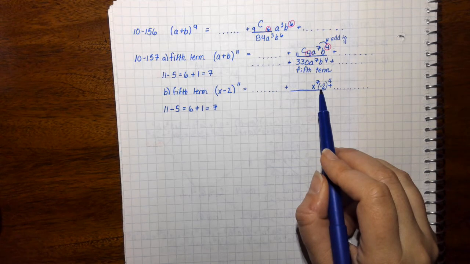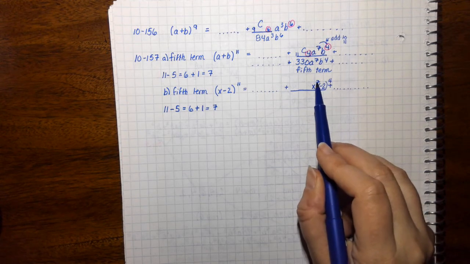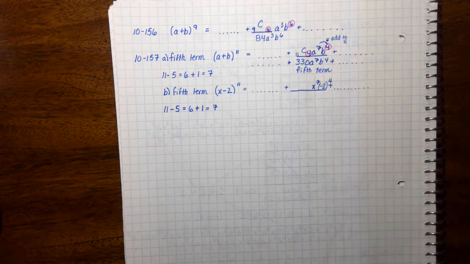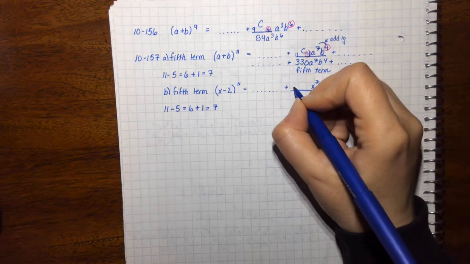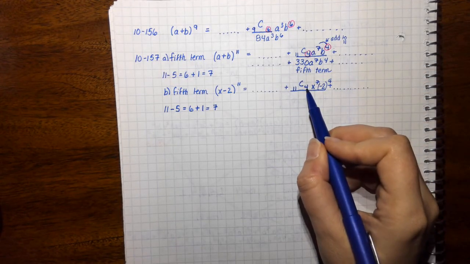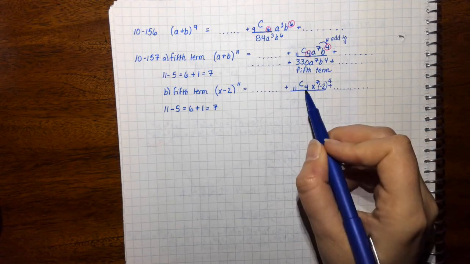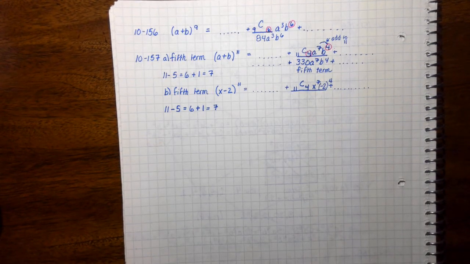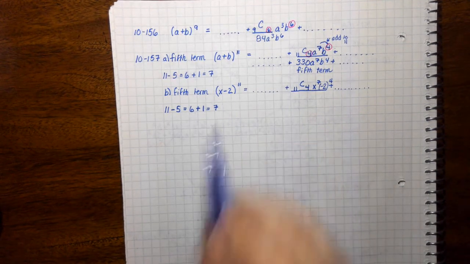Then the second thing, -2, has to be to the 4th because those need to add to the total of 11. And then my combination in the front is going to be the same because the exponent here, the second exponent, needs to match r in my combination, and n comes from the total.